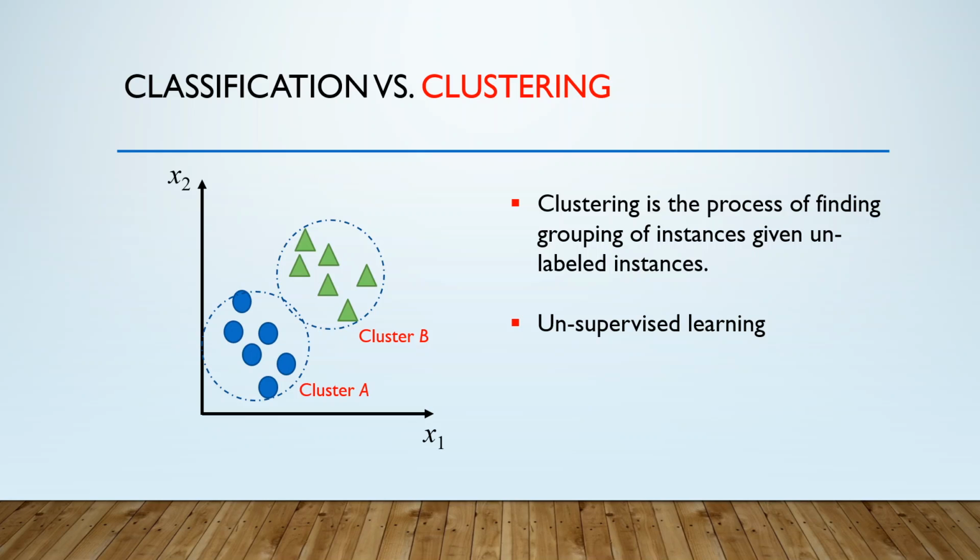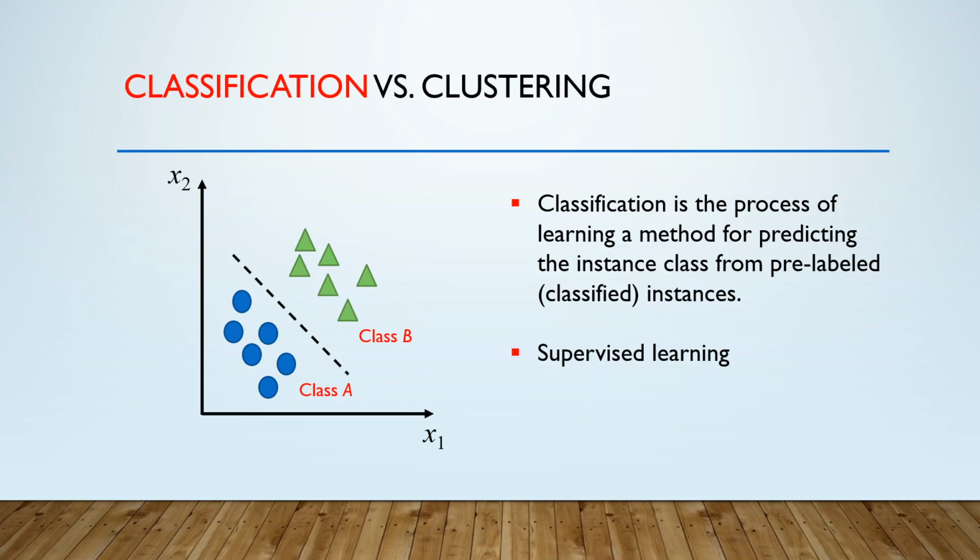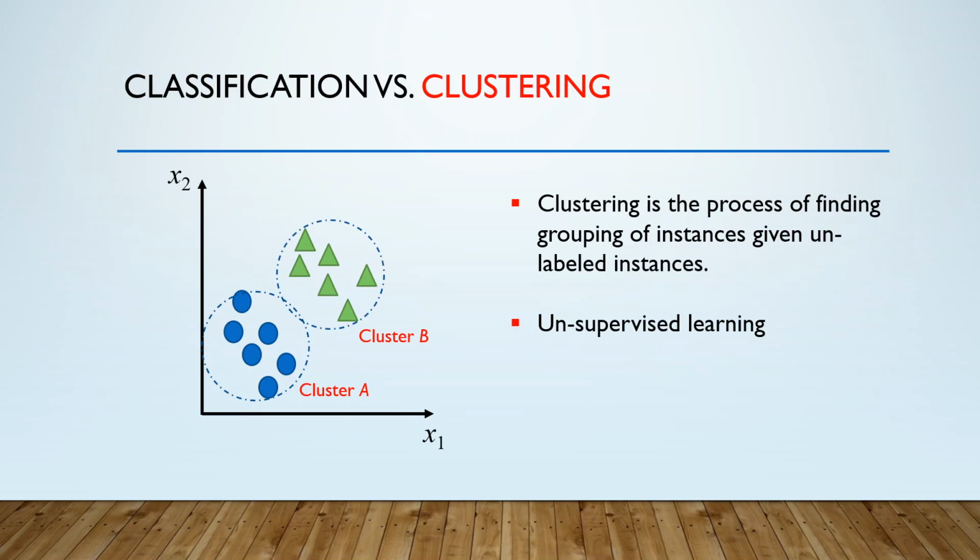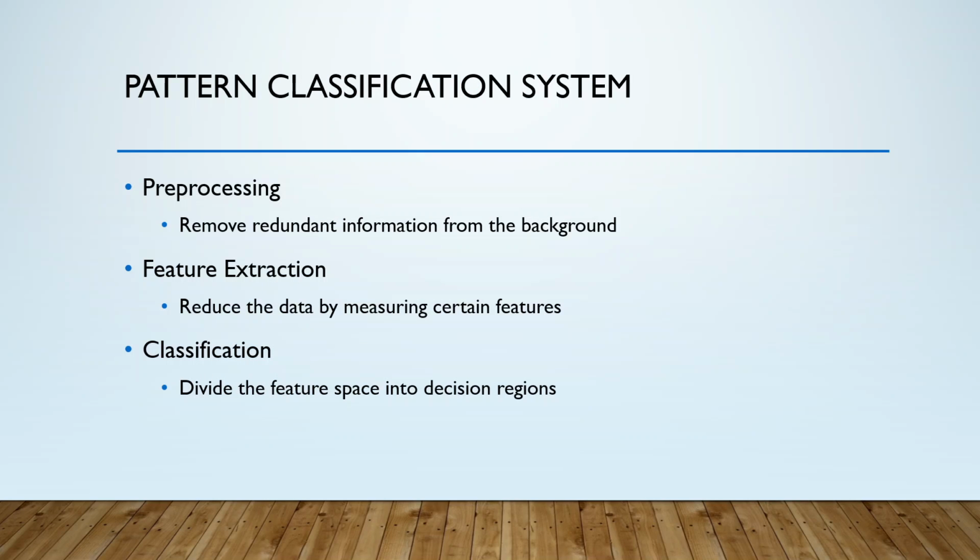This difference will be much clearer when we go to the later videos where C-means clustering and fuzzy clustering will each be explained. So, this is classification versus clustering. For classification, prior information of the class labels will be given to you, and for clustering, no prior information will be given to you.